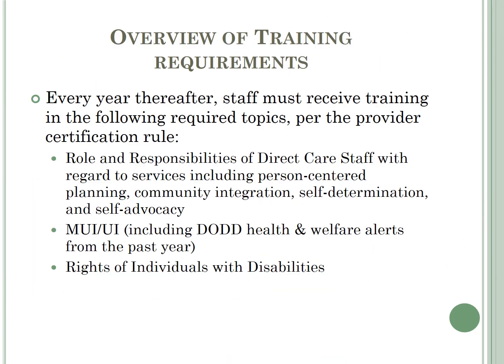So every year after the initial year, staff will have to have annual training, and those topics are some of the same ones as in the initial training. The role and responsibilities of direct care staff, and again there's those topics that are included within that. MUI and UI again, and rights of individuals again.